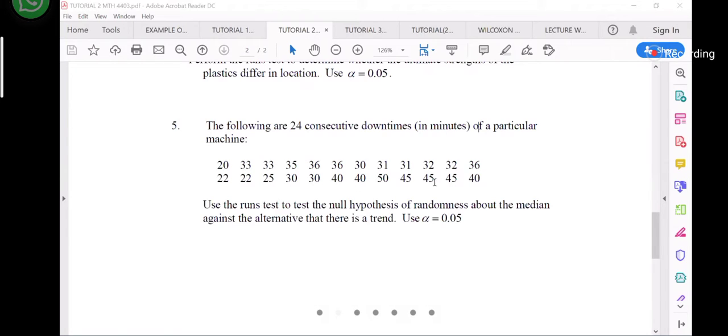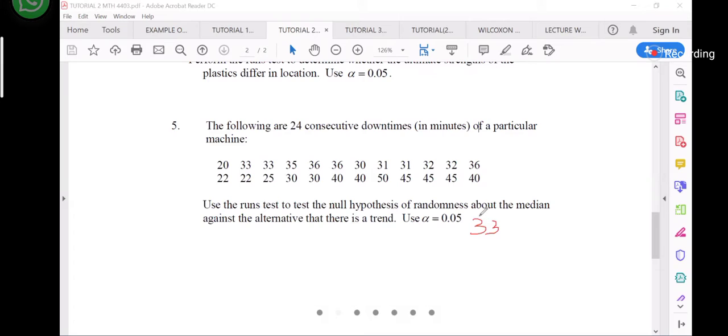To assign symbols, I need to first find the median. So for this, what is the value of the median? What value of median do you get? 33, isn't it? So you should get 33.